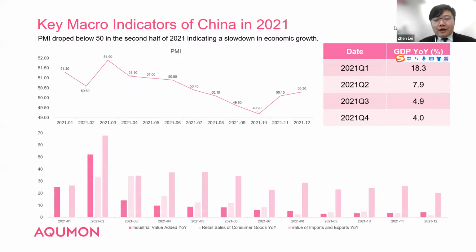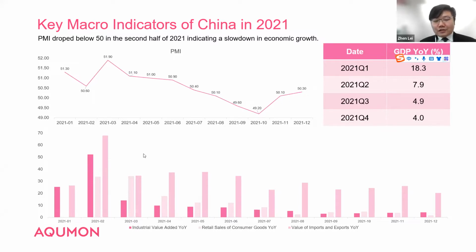First of all, we can see that the PMI went down from 51.9 to 49.2 from March to October. And although the PMI of China is now above 50.3, the level is still low.